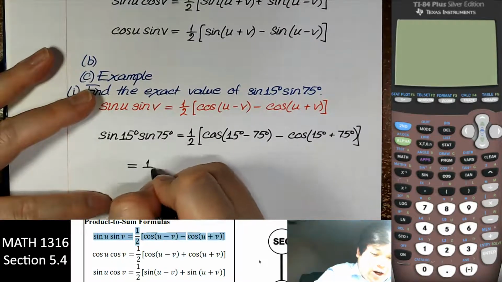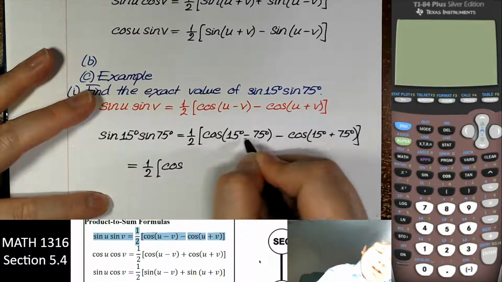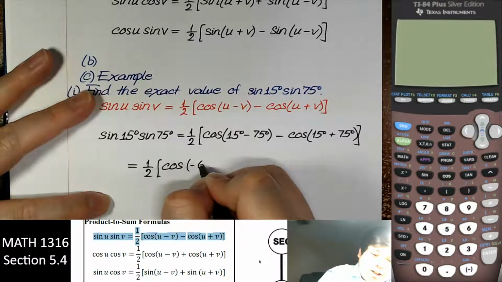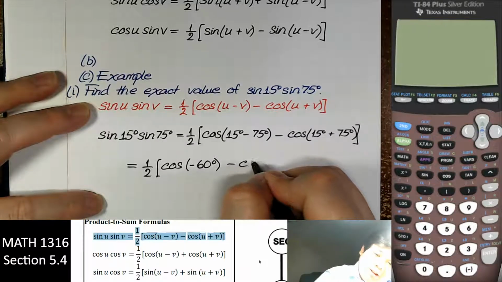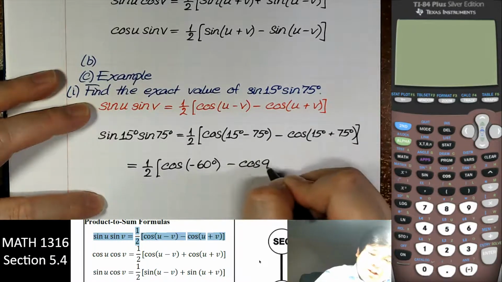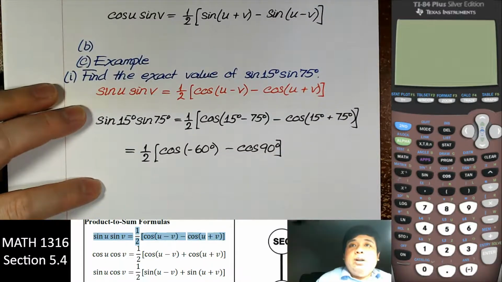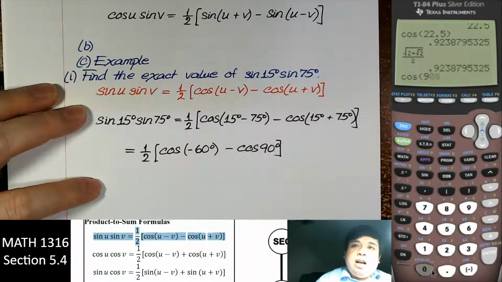Right, so 1/2 cosine, 15 minus 75 is negative 60 degrees. And that is 90 degrees. Cosine of 90, we still have degree mode, right? Okay, good. Cosine of 90, that is 0.